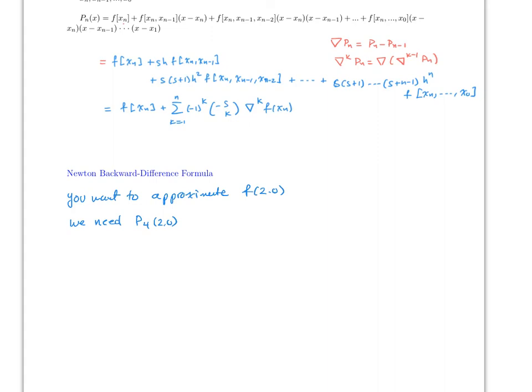All right, so again, like the previous example, you had to figure out what the value for s is, and h is not going to change. Remember, h is still 0.3, but now the formula for x is x equals xn plus sh. So therefore 2 is equal to 2.2 plus 0.3 s, which means the value for s is negative 2/3.